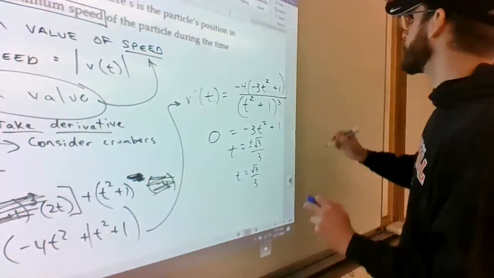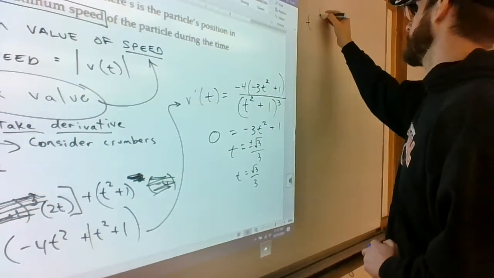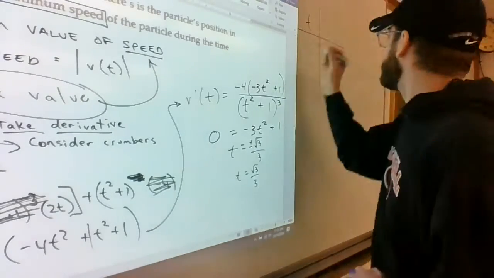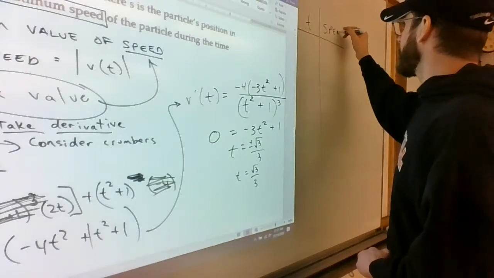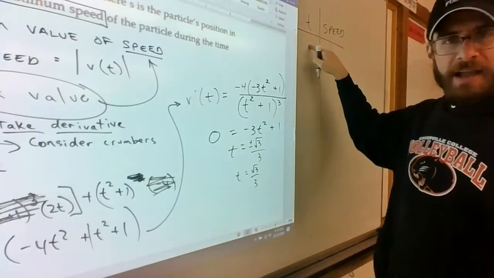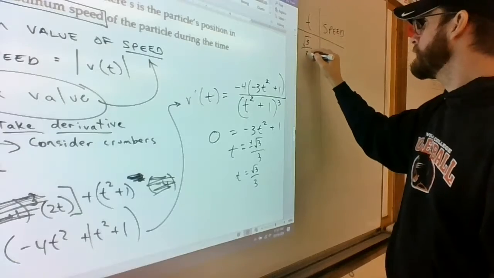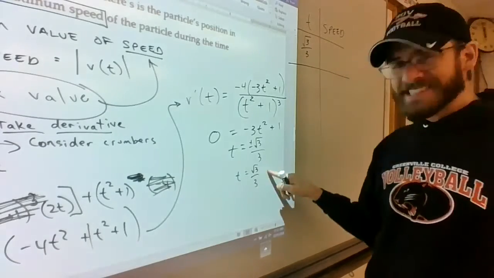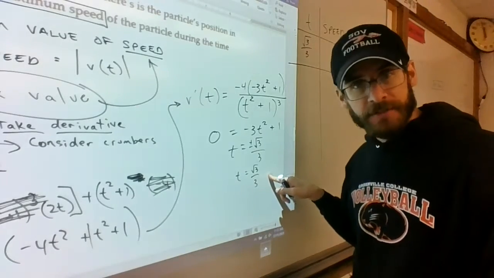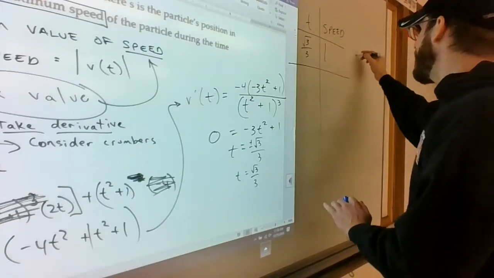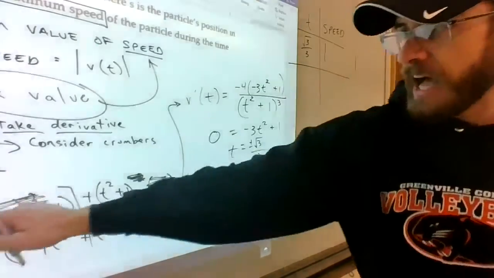Okay, so what we do is we say, consider these values to maximize speed. So we got to put speed in the second column. You take a time value, in this case, it's root 3 over 3, and you ask yourself, what speed does that yield? So what we do is we say, plug this into the absolute value of the velocity function.